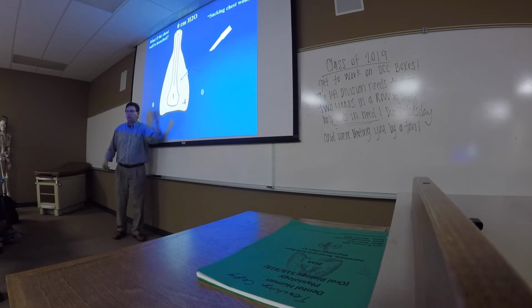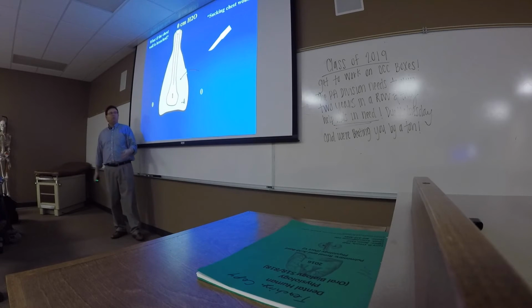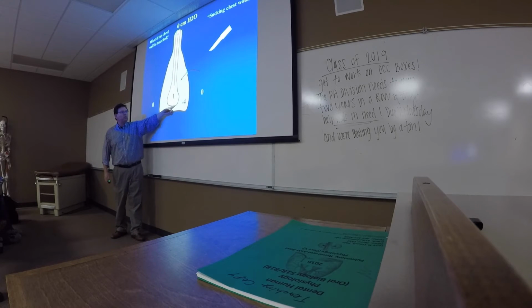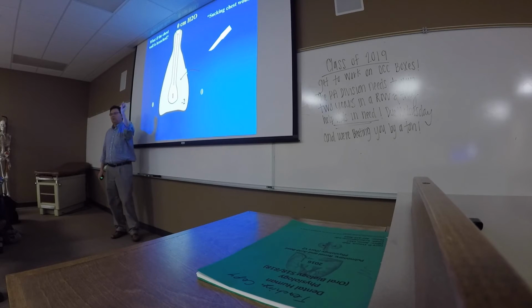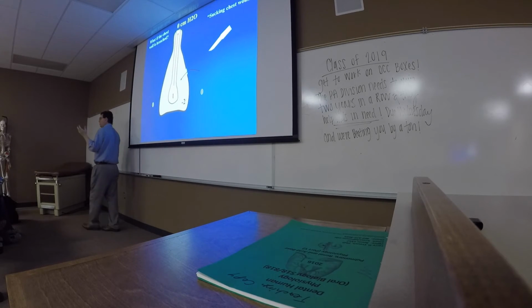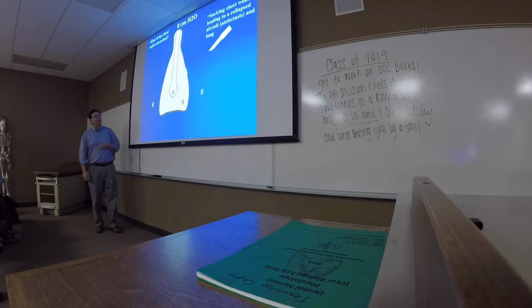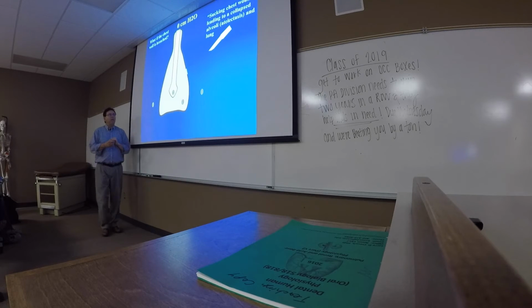Remember, that intrapleural pressure is pulling those walls outward. That distending pressure goes down, so parts of the lung may collapse. That would be a sucking chest wound, and that can lead to atelectasis, which is a collapse.